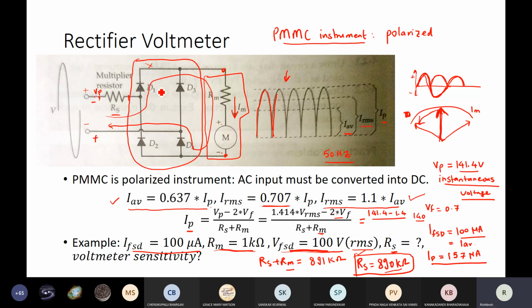Then the voltage drop will be different than what we considered during this calculation. So once this voltage drop goes less than 0.7, the calibrated value will be different, and the reading which we take will be incorrect.